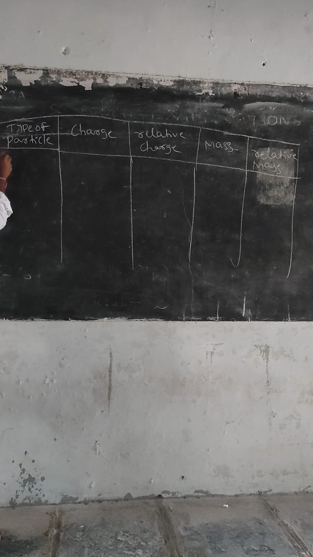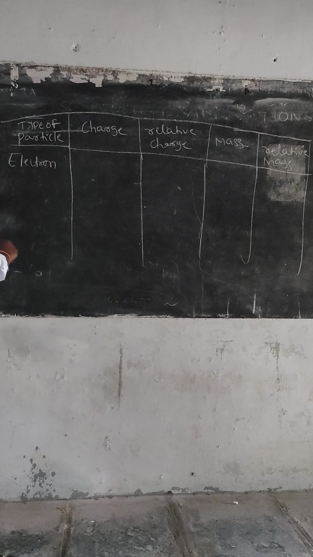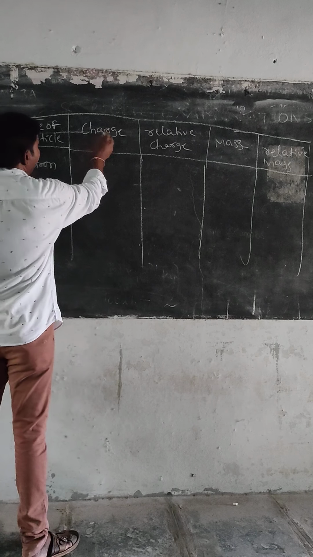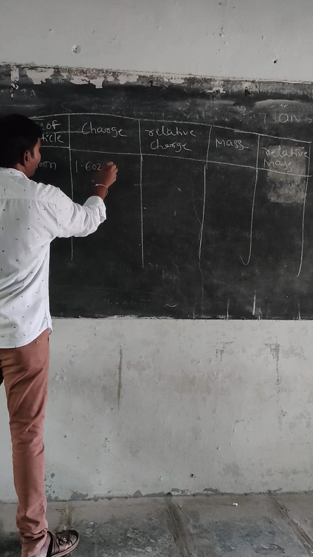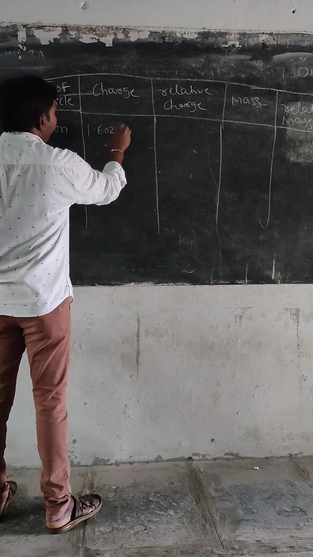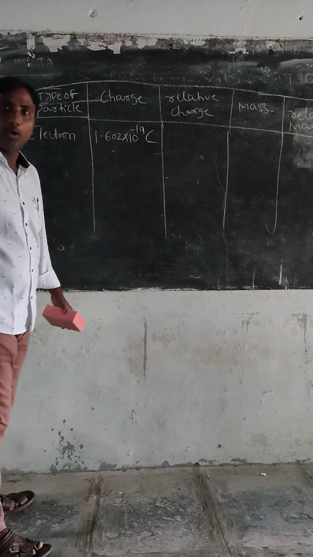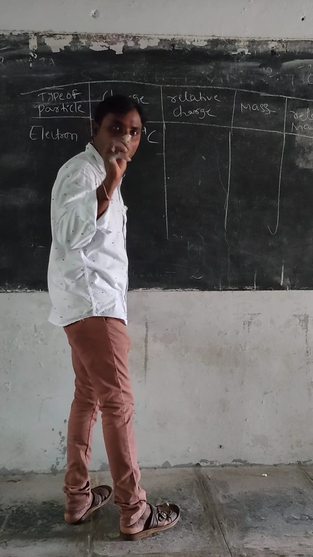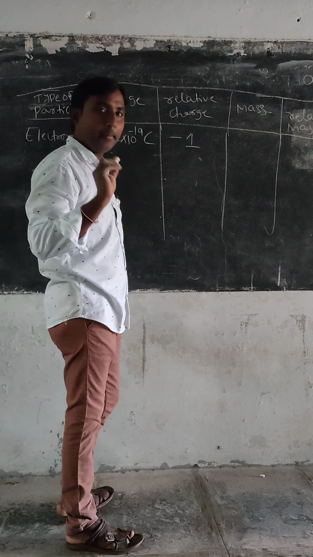First, electron. What is the charge of the electron? 1.602 into 10 power minus 19 coulombs. The relative charge of the electron is -1.